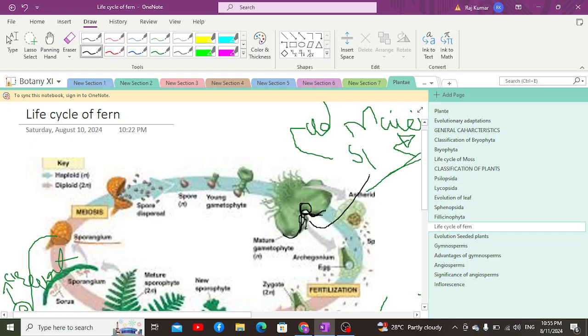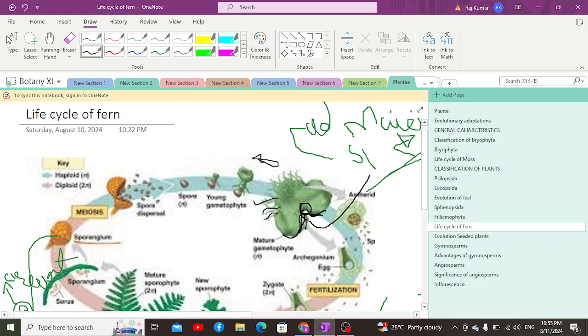The diameter of this gametophyte is around 8 millimeters at its top. On the posterior end we have several unicellular rhizoids, which are used for anchorage to the soil and absorption of minerals and water from the soil.